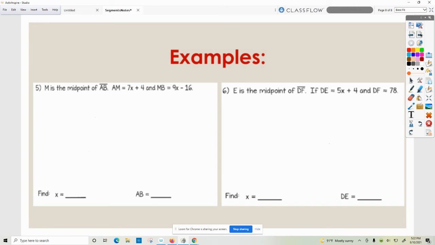So for this example, I'm looking to say that M is the midpoint of AB. So I'm going to get me a little segment here called A to B. I'm going to see where I think the middle is, and that's where I'm going to put M. And also remember, put your congruent mark so that it means what you want it to. So I know that A to M is 7X plus 4.